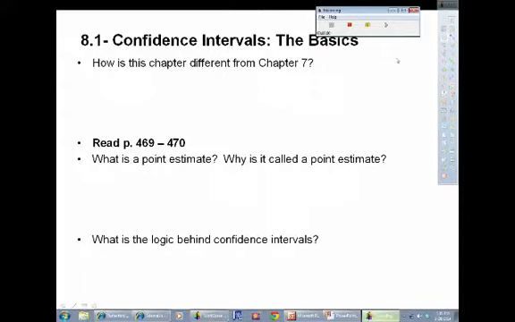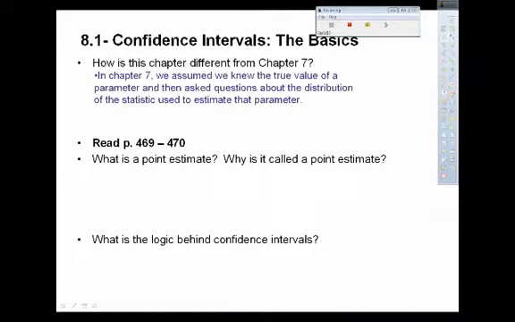So we assumed that we knew the population mean, and we were trying to find the probability or estimating the probability of that happening in our sample.